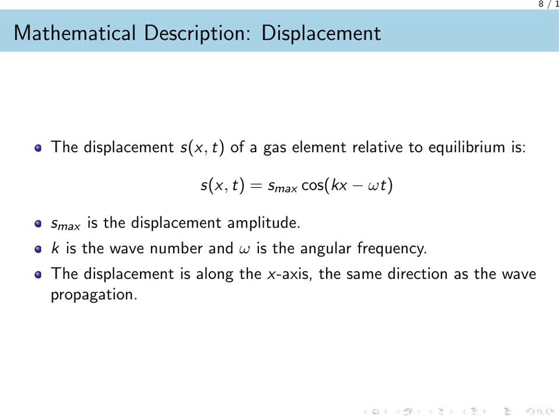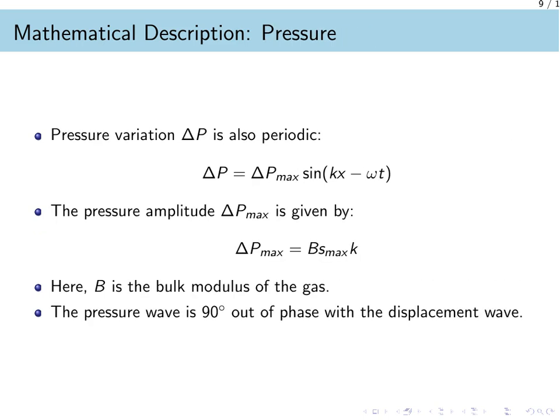In this expression, the displacement amplitude represents the maximum distance an element moves from its equilibrium position. The wave number and angular frequency define the spatial and temporal periodicity. It is important to remember that this displacement occurs along the x-axis, which is the same direction the wave is moving.